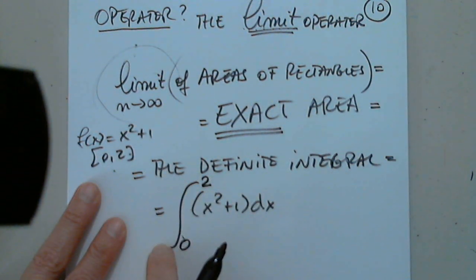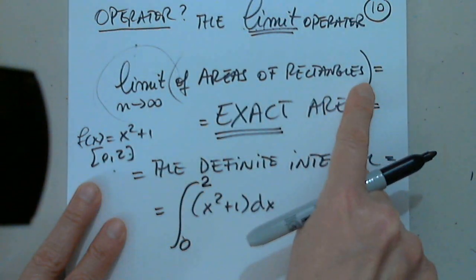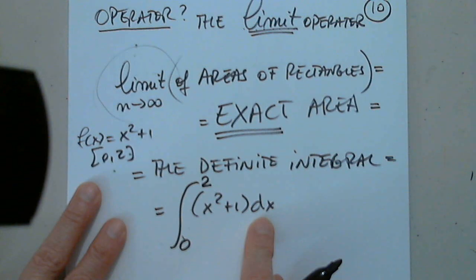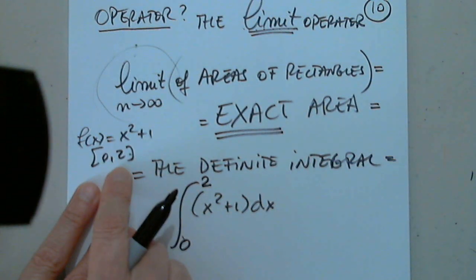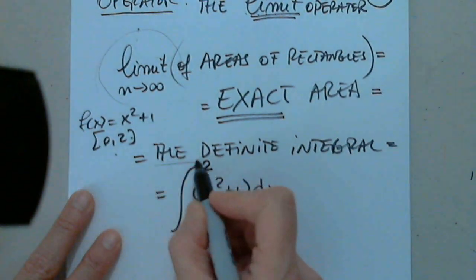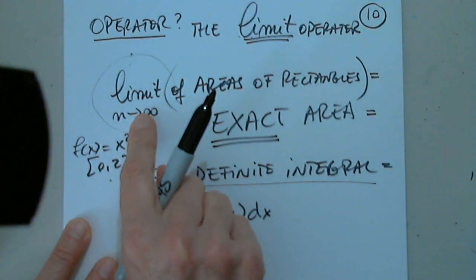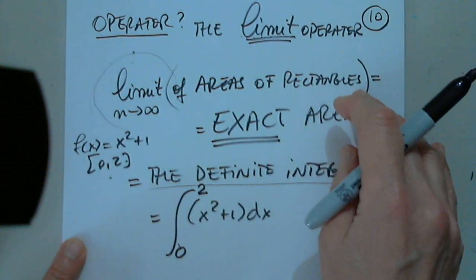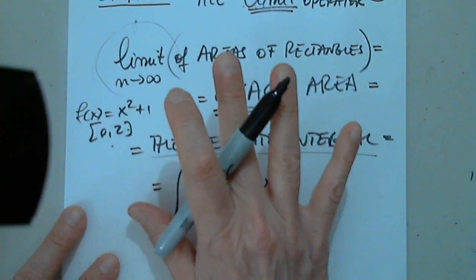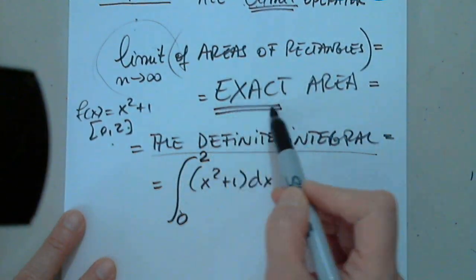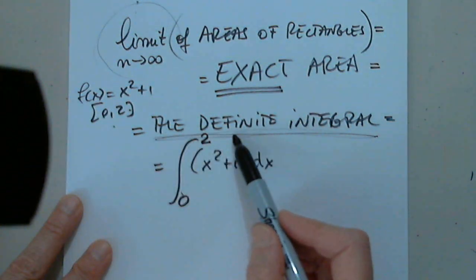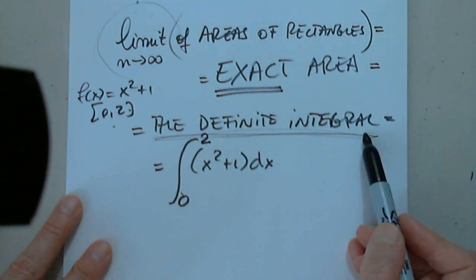It's the sum of all areas of rectangles from the function dx from 0 to 2. We're not going to use the limit on these. I'm using the limit with my STEM class a lot, but in this class we directly go to the exact area determined by evaluating the definite integral.